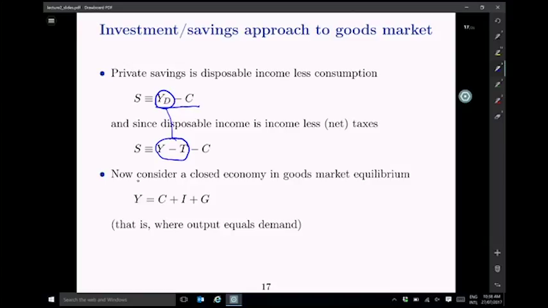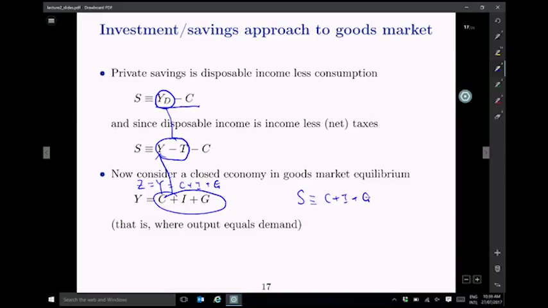I argued before that the goods market equilibrium condition is Z equals Y, which is C plus I plus G. Now, if you plug this equilibrium condition back into the saving equation, substituting Y by C plus I plus G, what do we have? Saving equals C plus I plus G minus T minus C. And then we can cancel C, right?